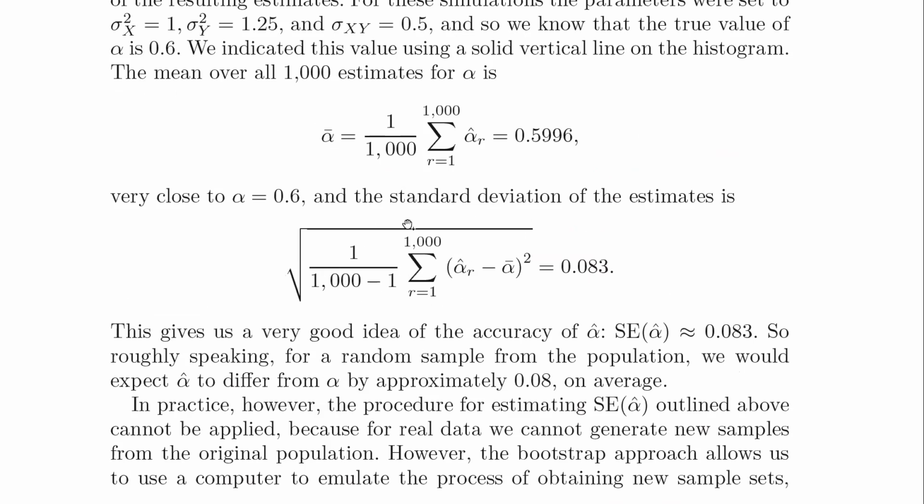It's this formula. You don't need to know it for the time being, at any rate. And this is the standard error of alpha hat. So you have the mean of all these alpha hats, and you also know the confidence interval. So if you think of it as the real line, this is your estimated alpha, the alpha bar.